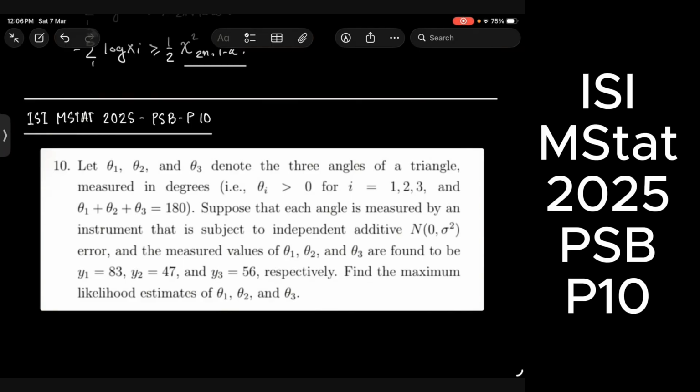I did nine, and I tried to do 10, but I couldn't solve it. It was something related to constraint optimization. There is a constraint of theta 1 plus theta 2 plus. Constraint optimization is done by the Lagrange multiplier method. Yes, Lagrange multiplier.